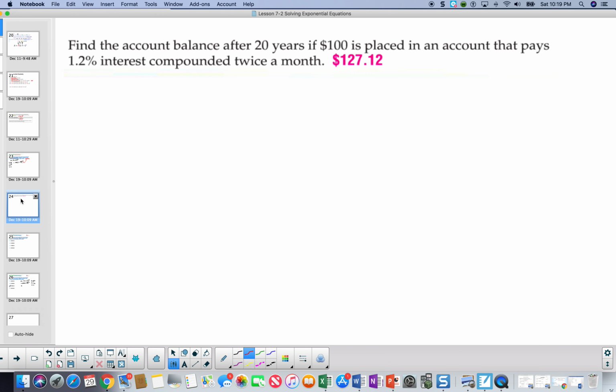Okay, so let me go ahead and do it again. Here's the answer I'm looking for, but really what I want to practice is setting up. So the amount, let's go ahead and write it out, is principal times 1 plus R over N, where N is the number of times it's compounded, raised to N times the number of years. So my P in my problem is $100.